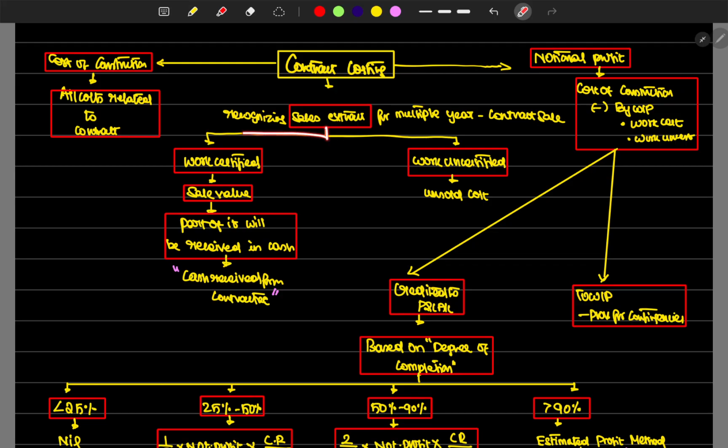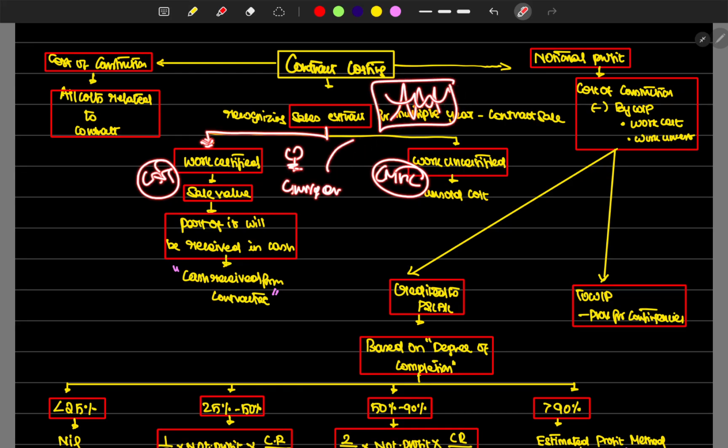How can we recognize the sales extract? It can be done through work certified. This work certified is given by the surveyor. Surveyor is the neutral party appointed by both L&T, who is the contractor, and CMRL, who is the contractee. The surveyor checks the building works, how they have been completed, and says 50% completed, or 25% completed.